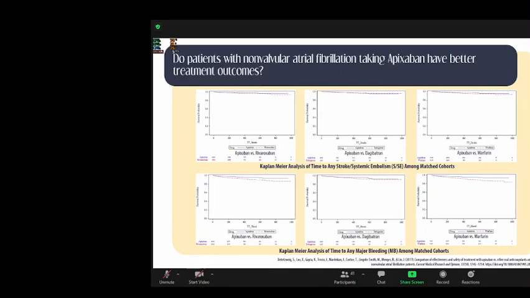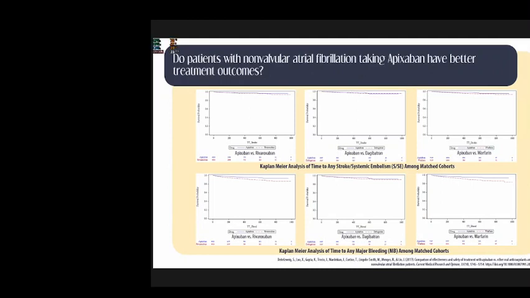Okay, third, apixaban. Sabi po, Doc, lower po yung apixaban sa dabigatran po. Pero yung statistical significance niya po ay hindi naman po ganong significant.